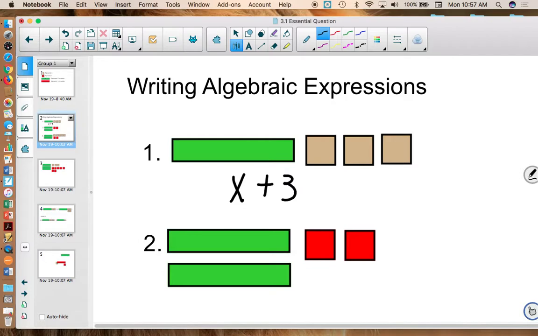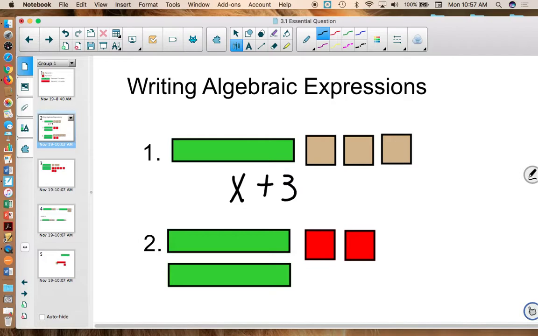Does it change any at all if I use the red squares and they're not 10? Yes. Okay, what's the difference between the first one and the second one? So you need to write the second one so you can identify what's different about it. Landon, tell me, what do I write for these 2 green rectangles? 2x. Very good.